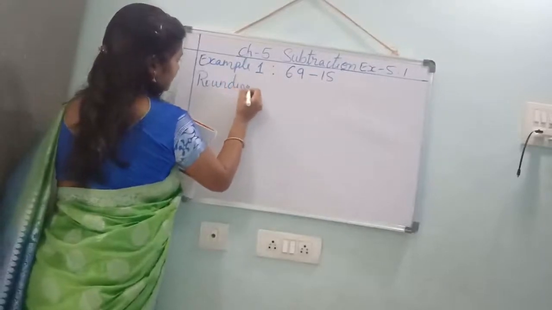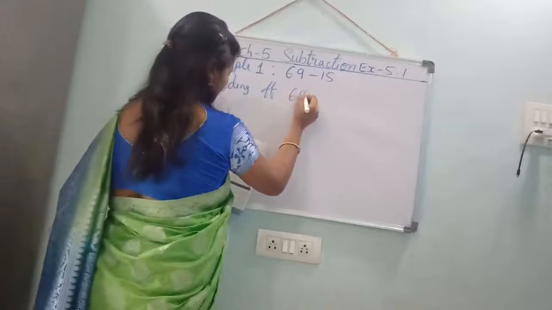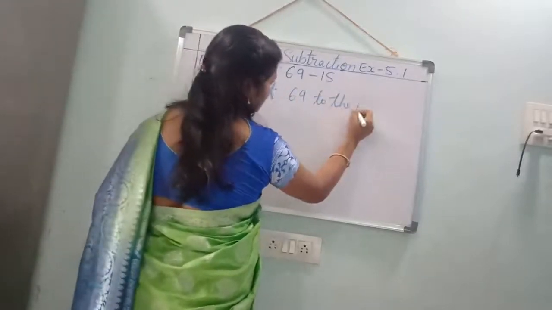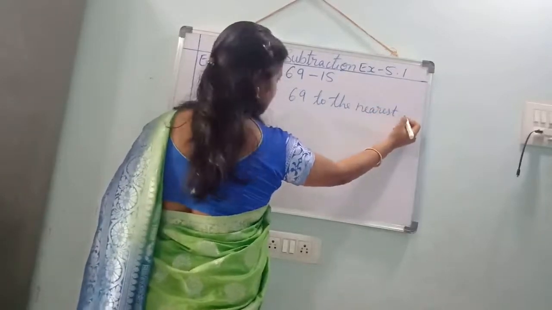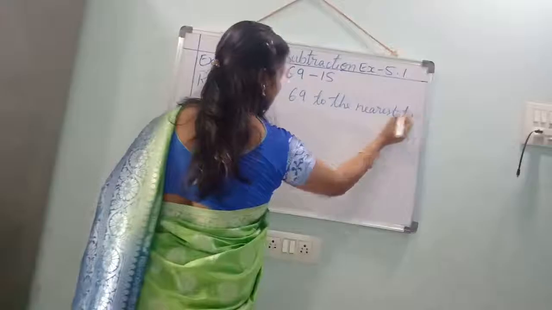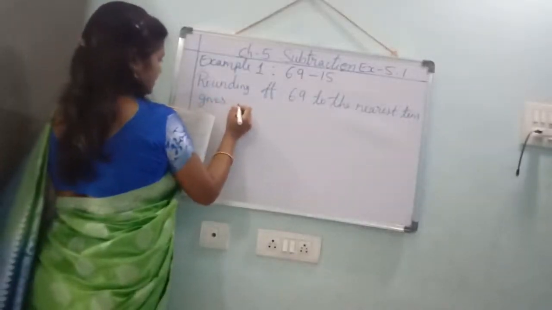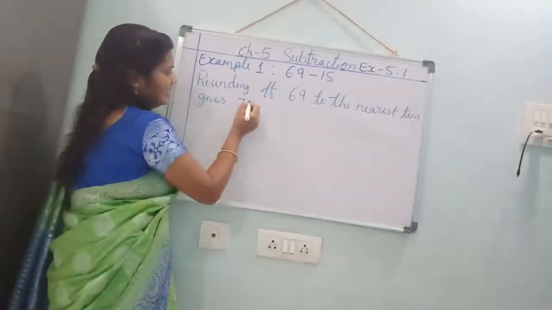Rounding of 69 to the nearest tens gives 70.